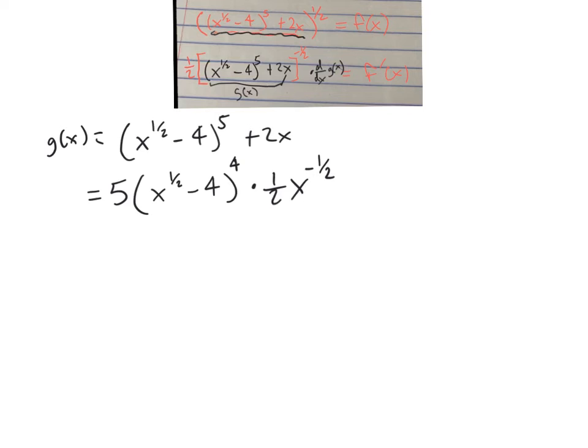This is the derivative of this piece. We brought the 1/2 to the front, subtracted 1 from the exponent, and we end up with that. And now the derivative of negative 4 is nothing, that goes away. So this right here is the derivative of only this piece.